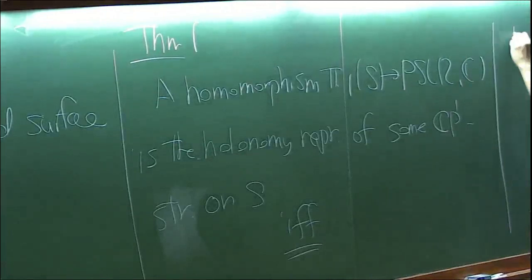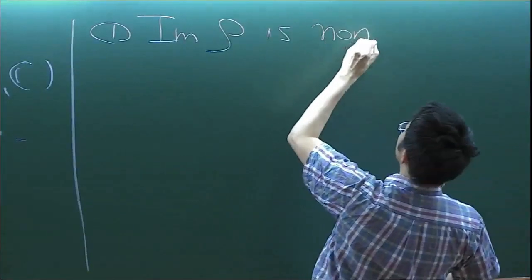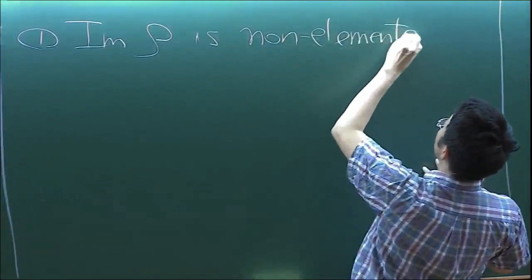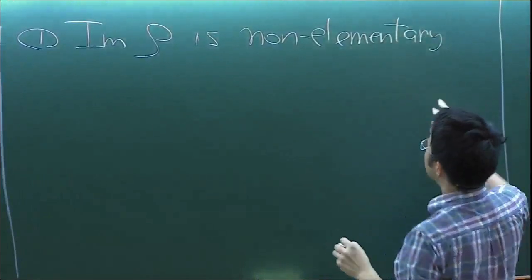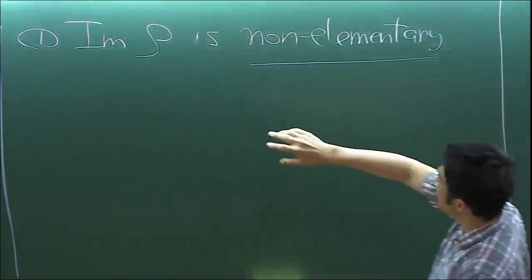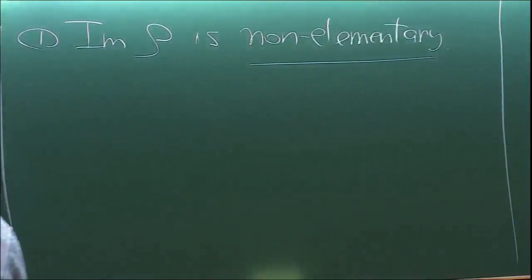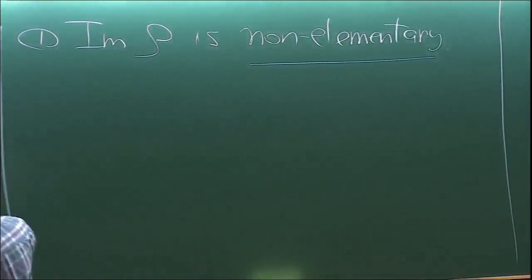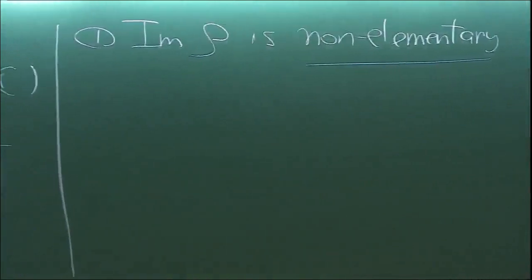The first condition is that the image of this representation, rho, is non-elementary. We will recall this meaning, but it just means rho doesn't degenerate this surface group too much.